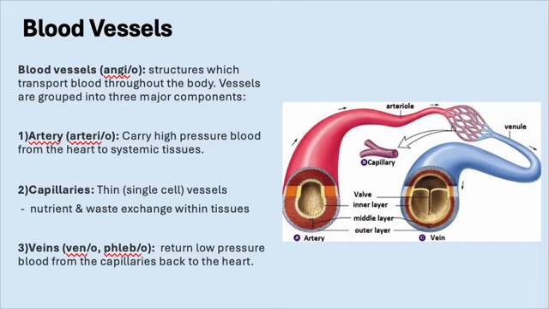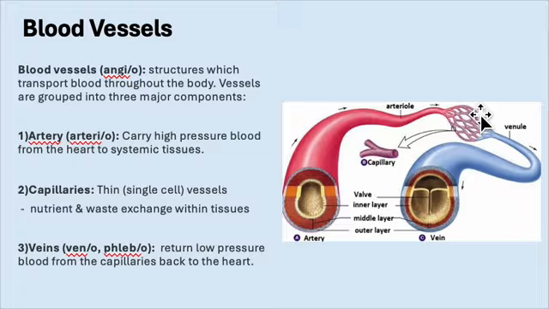So once blood is pumped out of the heart under higher pressure, it moves through the thick-walled arteries, and then that blood gets carried through an arteriole, which is a smaller branch off of an artery, and into capillaries.